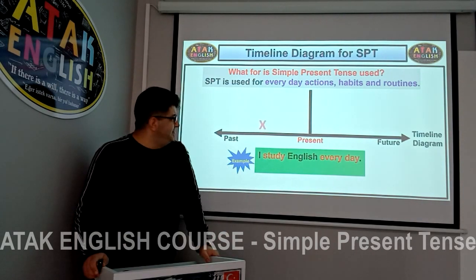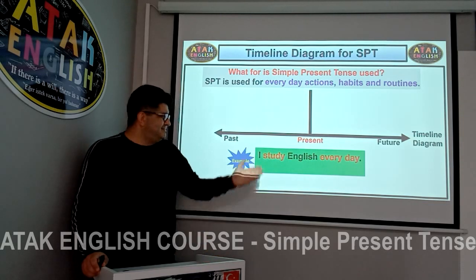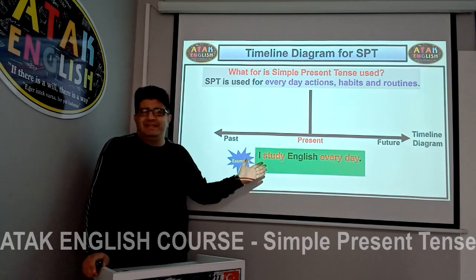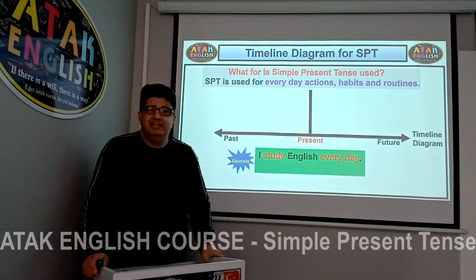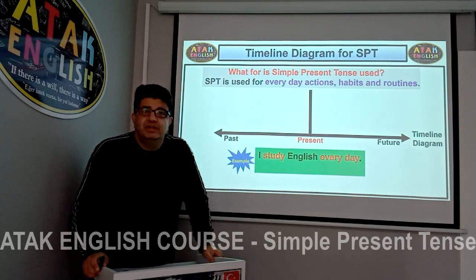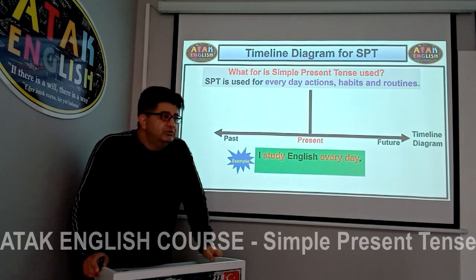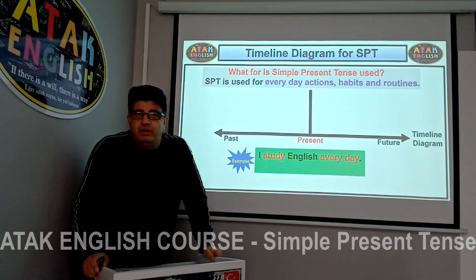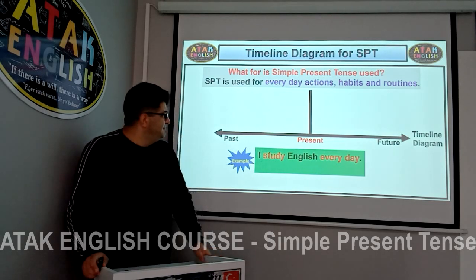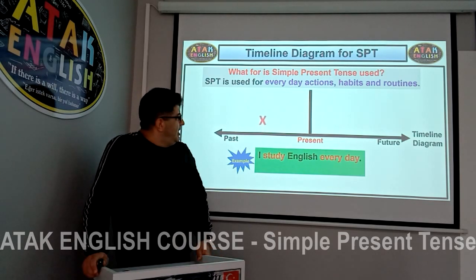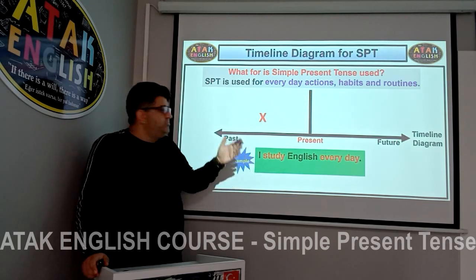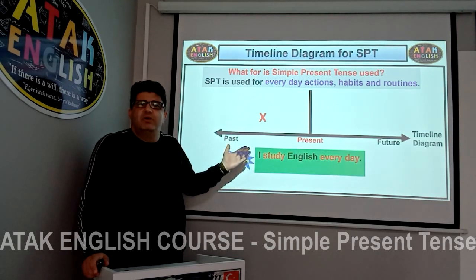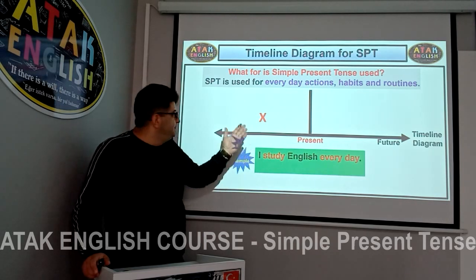Okay, what does that mean? That is actually a habit. Studying English action here is a habit, routine, or everyday action, isn't it? Yes. What does that mean, I study English every day? Where can we go on the timeline diagram?